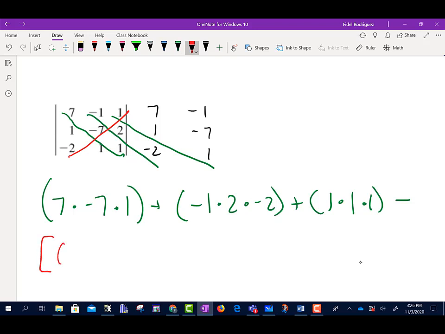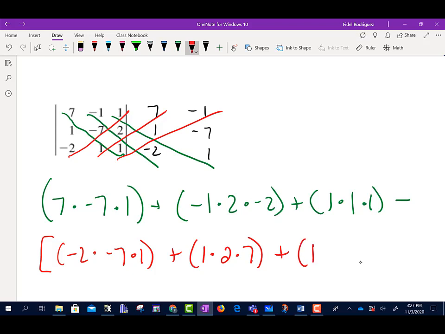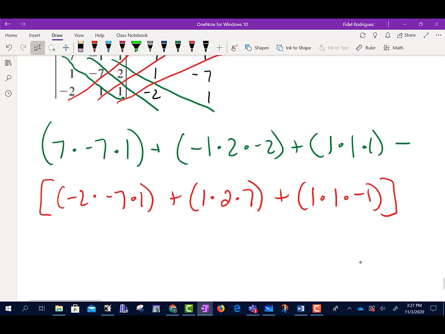Okay, so I'm going to put this here, negative 2 times negative 7 times 1, plus 1 times 2 times 7, okay, plus 1 times negative 1, okay? All right, and now let's see if we can't simplify. So we're going to go piece at a time. This is going to be a negative 49.